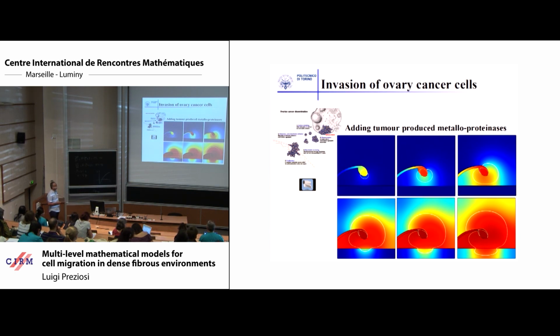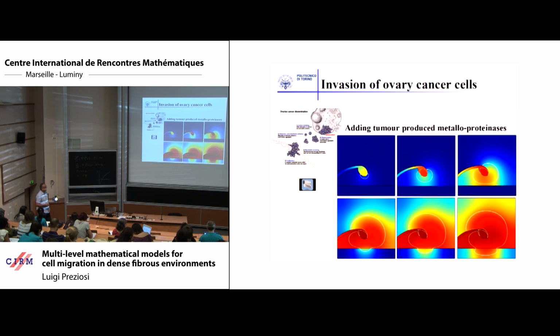So this is an ovary tumor. At the beginning, the cells are here. They degrade this membrane here, and they start to go into the mesothelial liquid. They move randomly, diffusing and eventually compressing the things that are here.